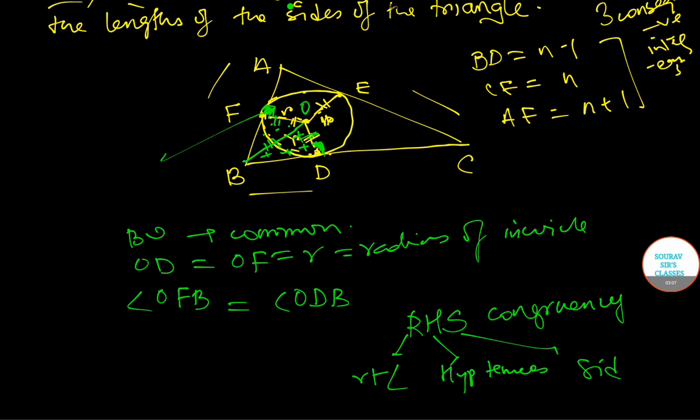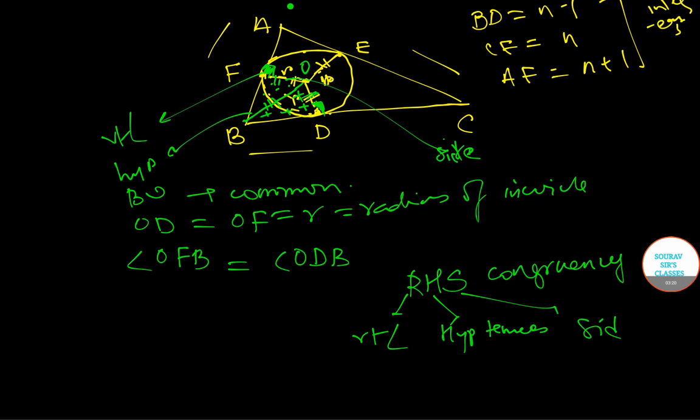This is the right angle, this is the hypotenuse, and this is one side. So by this RHS congruency we can say that BF is equal to BD.